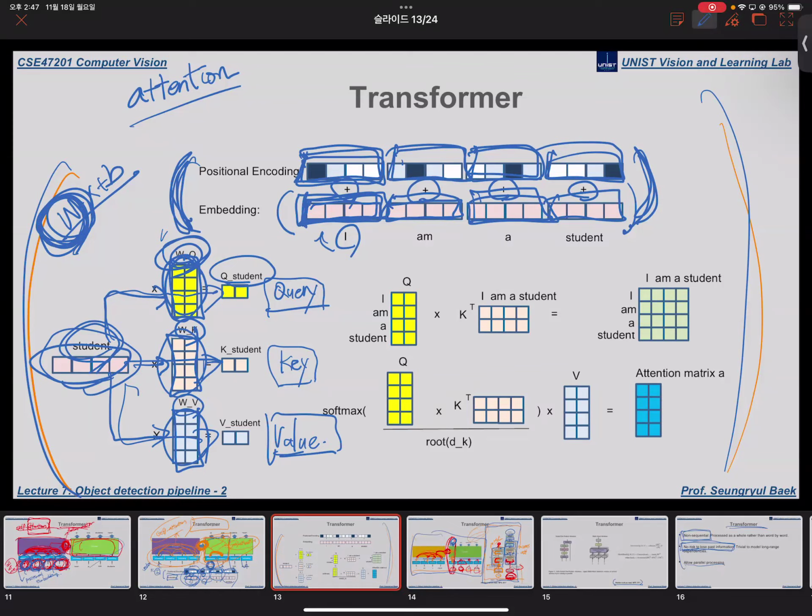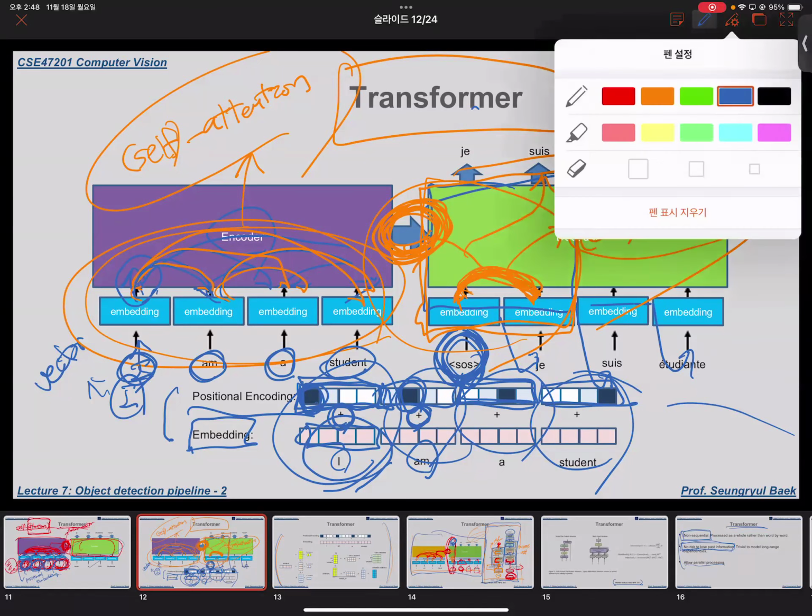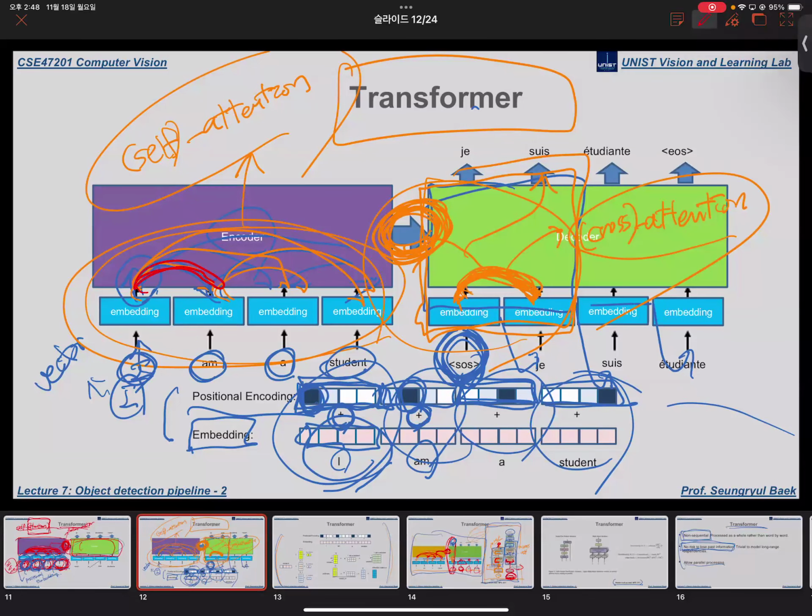In the previous slide, I mentioned that this is the input to the transformer, "I", "N", "all", "student", and that we will consider their dense relationships.